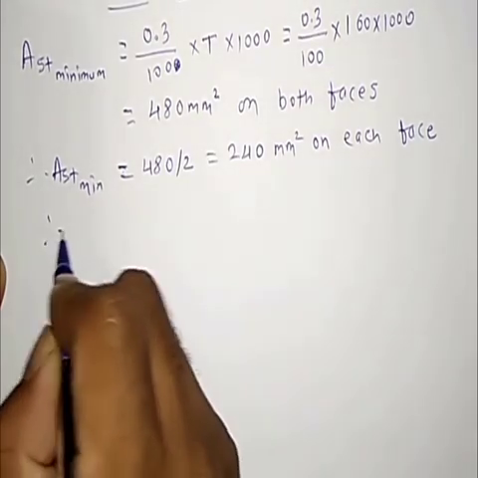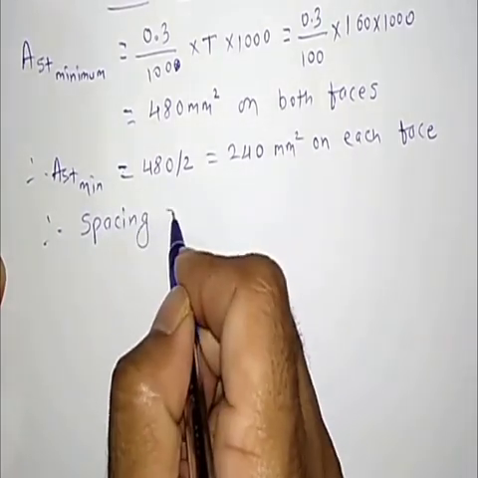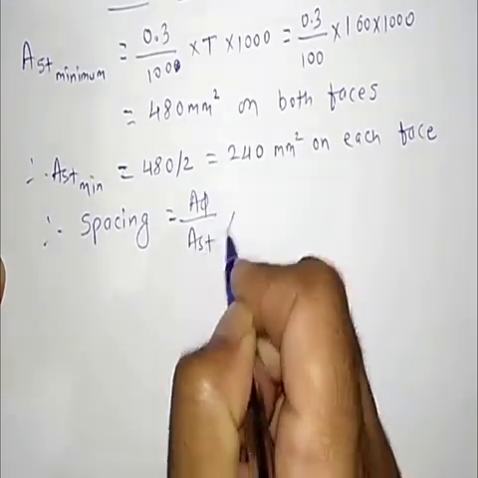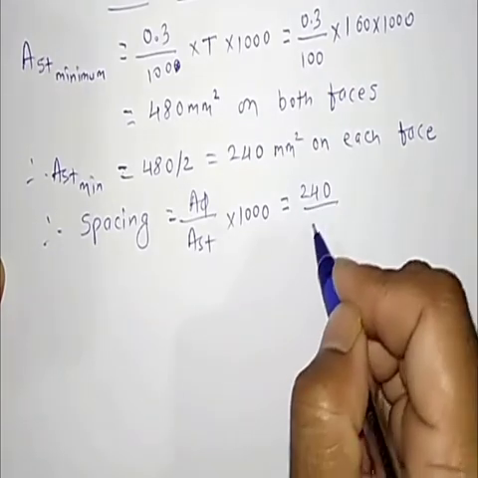And we can now calculate the spacing as in the earlier step. This is equals to area of 1 bar divided by total area multiplied by 1000.